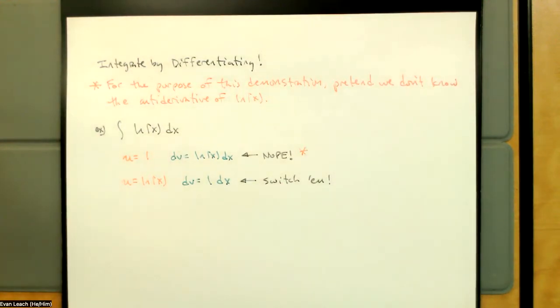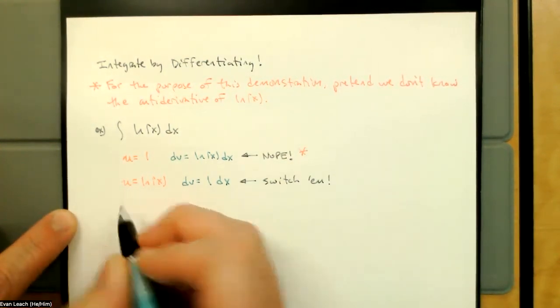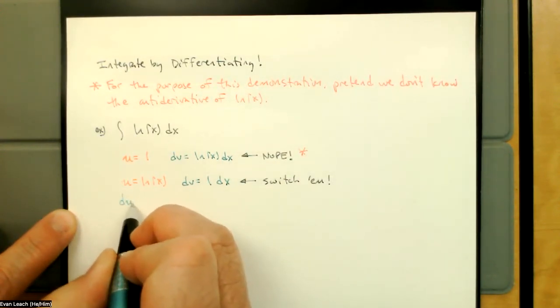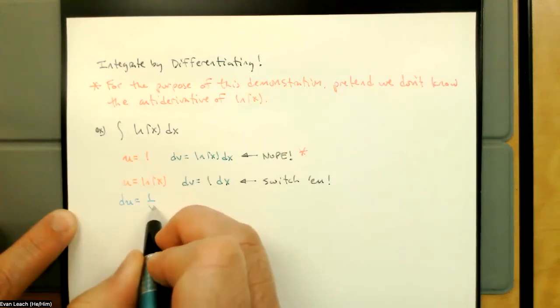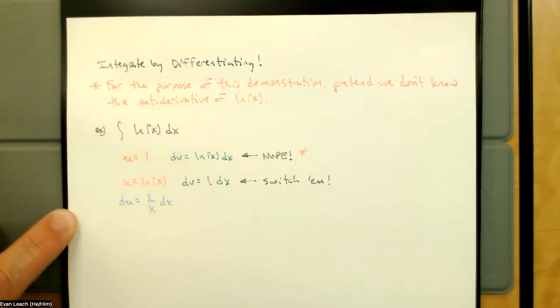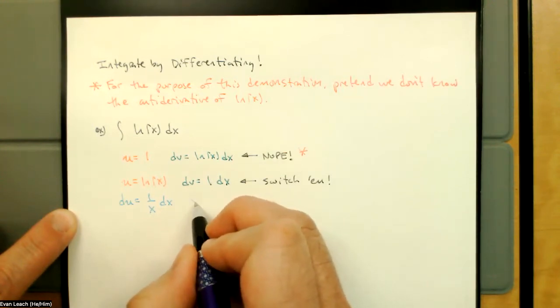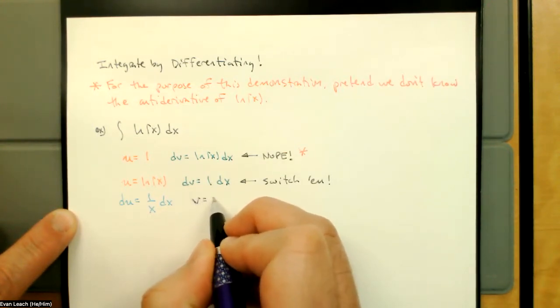We're going to integrate natural log of x by differentiating natural log of x. So if u is natural log of x, then du is 1 over x dx. If v is just 1 times dx, then v is x.